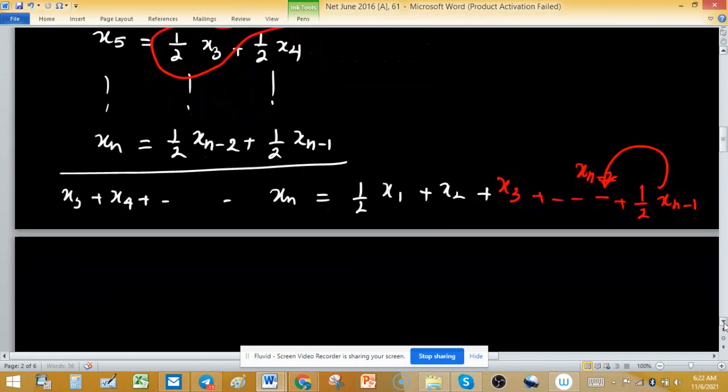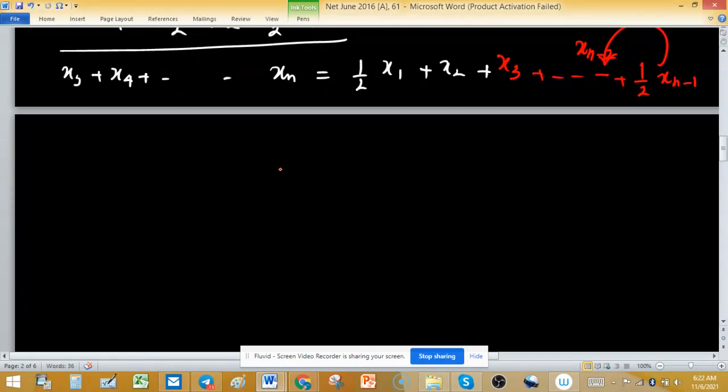So you can easily observe the pattern. So to make this last term half of xn minus 1 complete, I make it xn minus 1. So I added half of xn minus 1 in the right hand side and half of xn minus 1 in the left hand side.